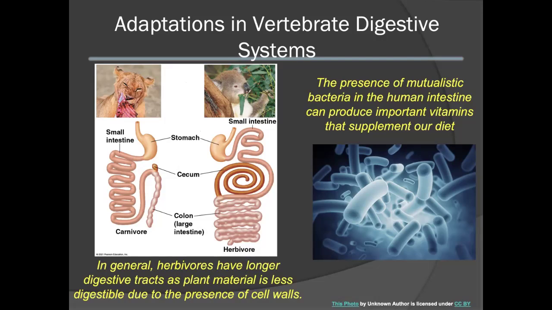In addition, there may be mutualistic bacteria that also reside in the gut of various vertebrates. For instance, in the human intestine, there are mutualistic bacteria that produce important vitamins that are used to supplement our diet.